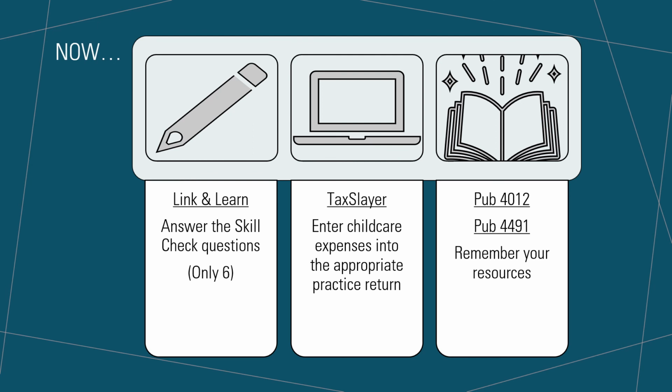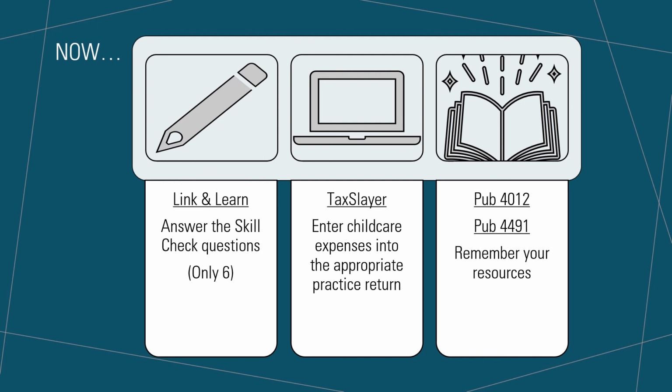And then I want you to go ahead and enter child care expenses into the appropriate practice return on TaxSlayer. And as always, we have our Publication 4012. Publication 4491 is where all this information came from. And again, the IRS just recently released our 2021 versions of these.